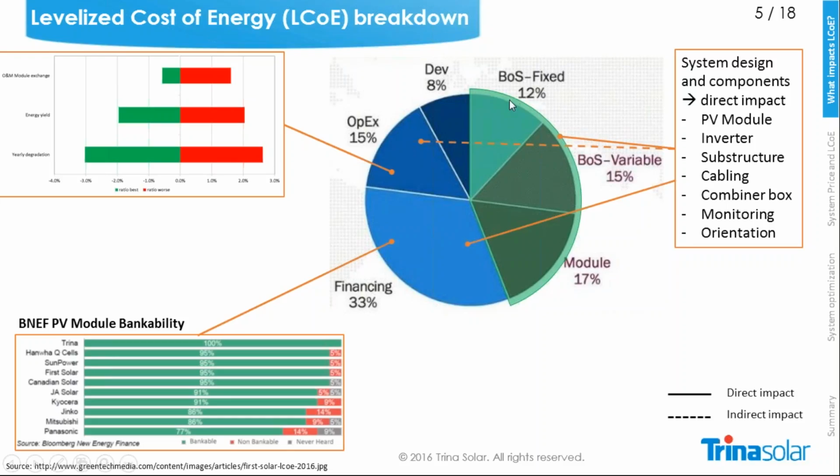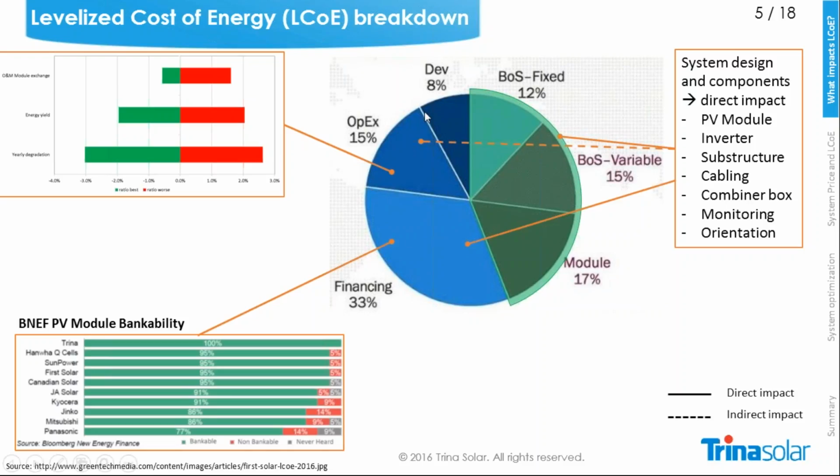The system design directly impacts the green marked area, but it also has a direct and indirect impact on the financing, with the bankability, for example, of modules, inverters or the complete system. And if you can reduce your capex, that also impacts your financing.